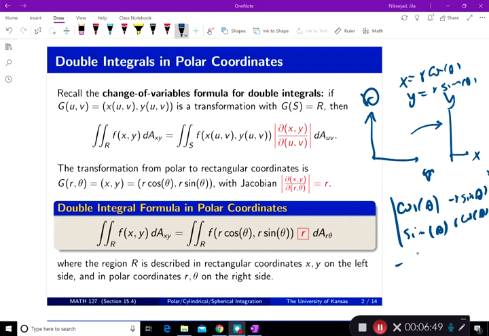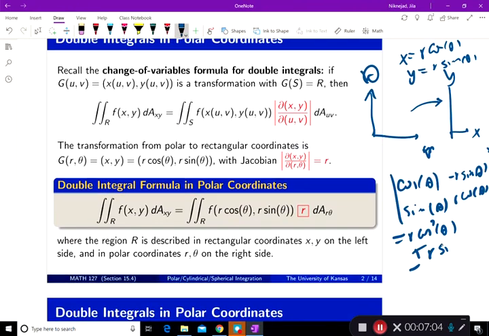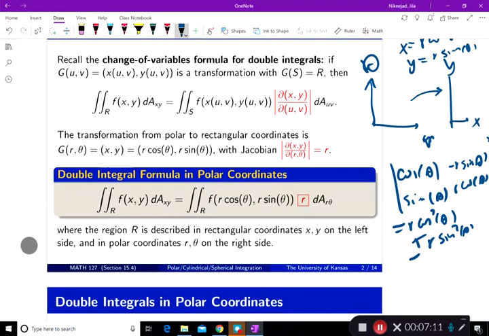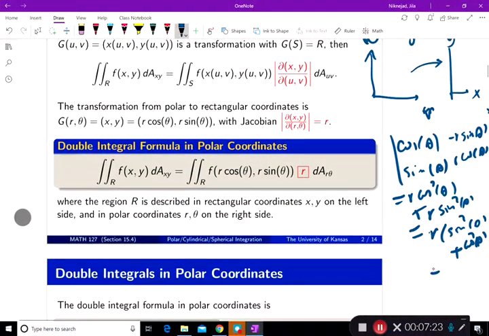And that is going to give you r cosine squared theta plus r sine squared theta, which is r times sine squared theta plus cosine squared theta, which is r.